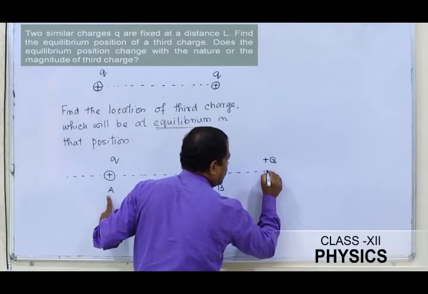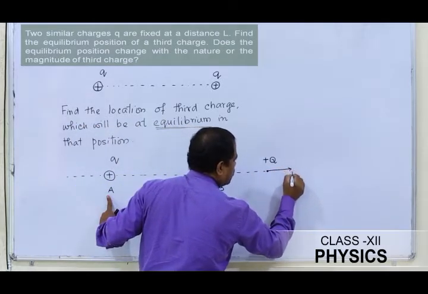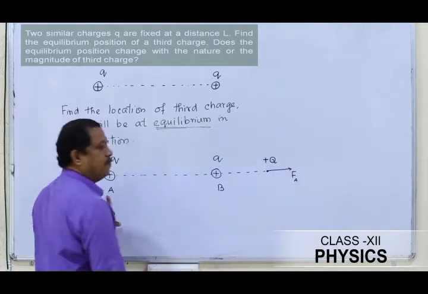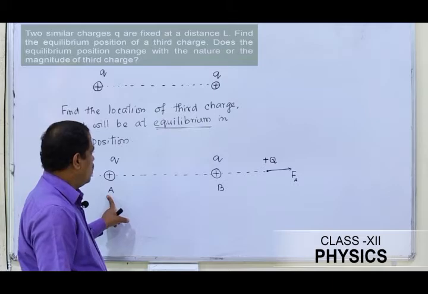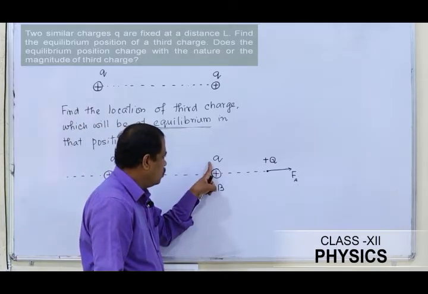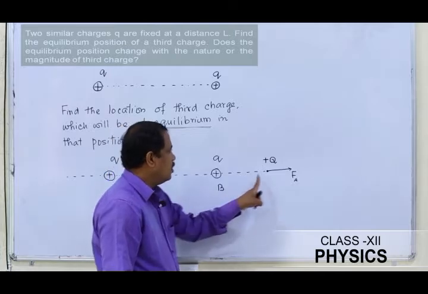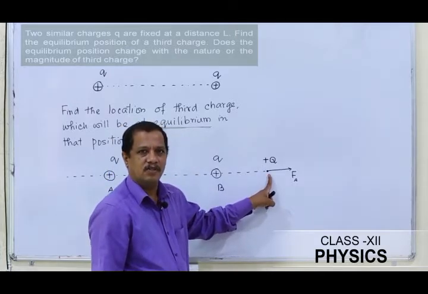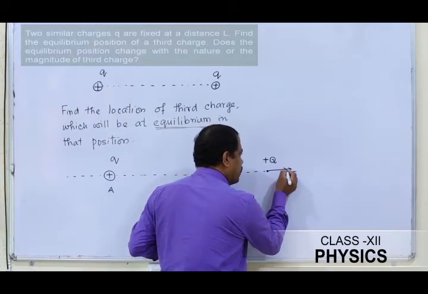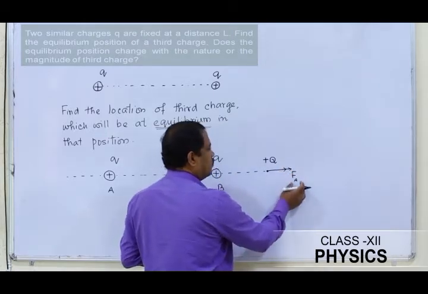This charge will experience a repulsive force, and let me say that repulsive force is Fa. Next, this charge Q placed at B is also going to exert a repulsive force, directed in the same direction as this force.